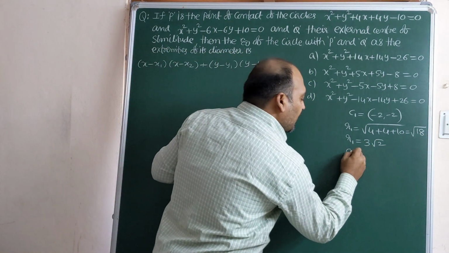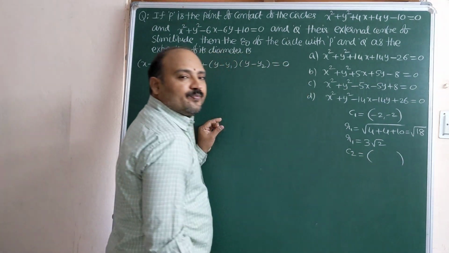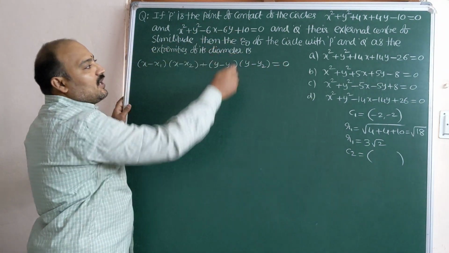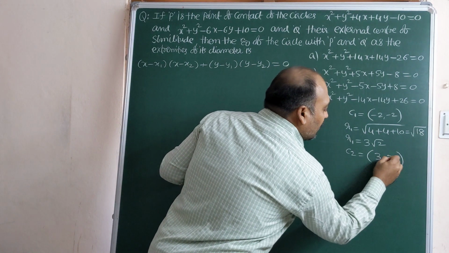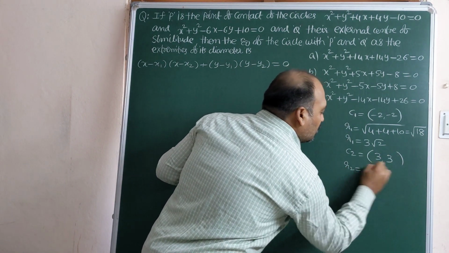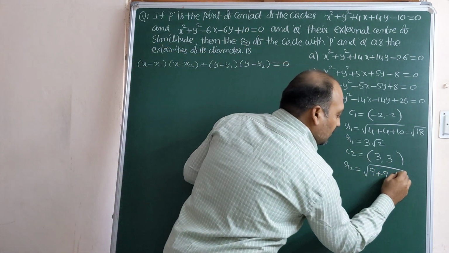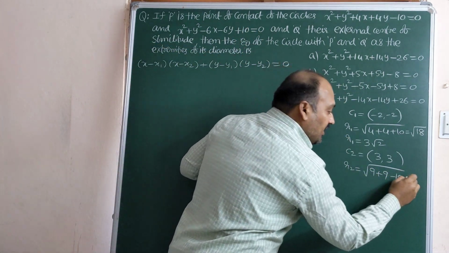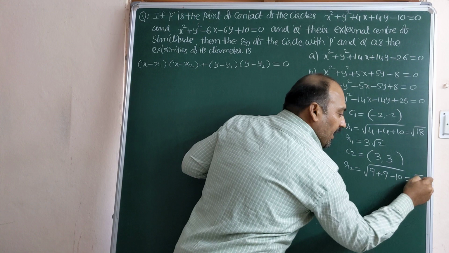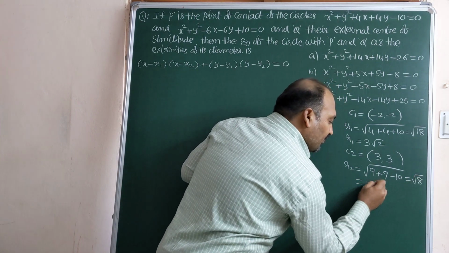Next, center of the second circle C2 is 3 comma 3. Radius of the second circle R2 is root of 9 plus 9 minus 10, 18 minus 10, 8. So root 8, which means 2 root 2.